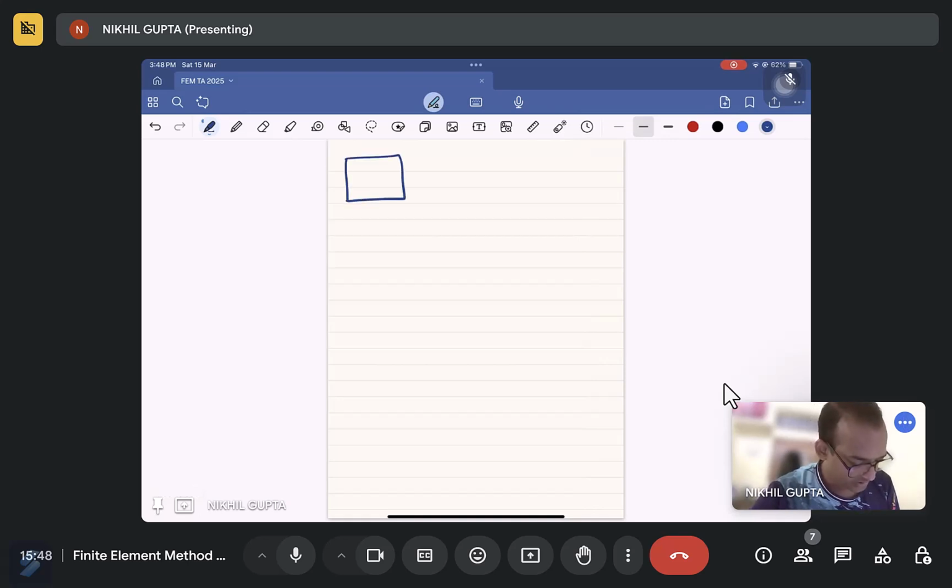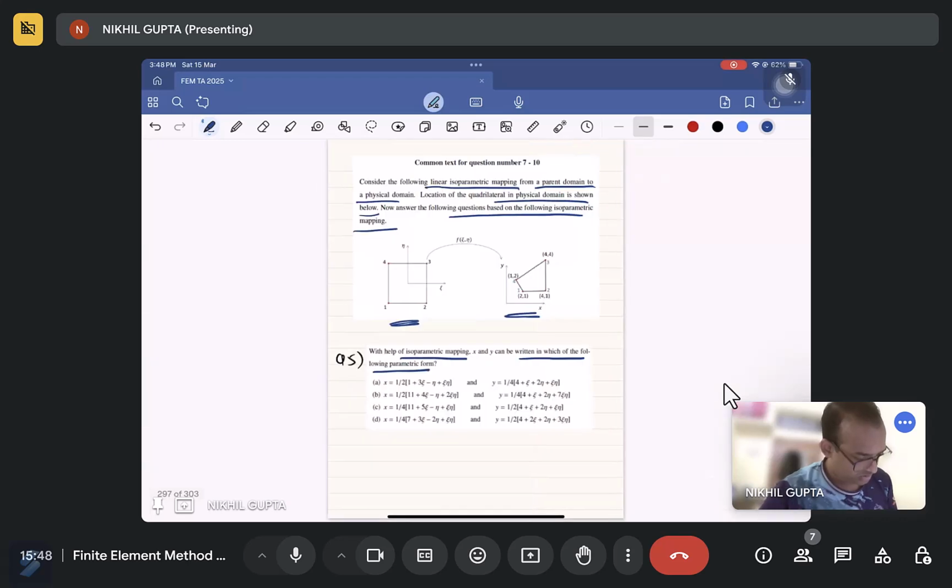So this is the general isoparametric element we have, and 1 2 3 4 are the nodes. And 2 4 4 1. So from this we know x1 is equal to 2, x2 is equal to 4, x3 is equal to 4, x4 is equal to 1.